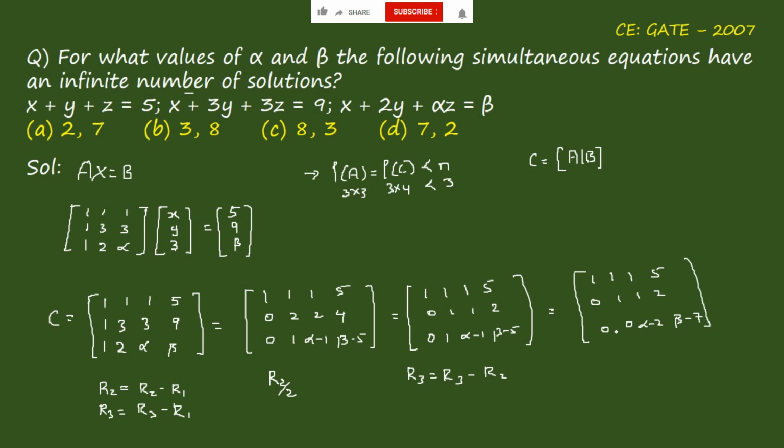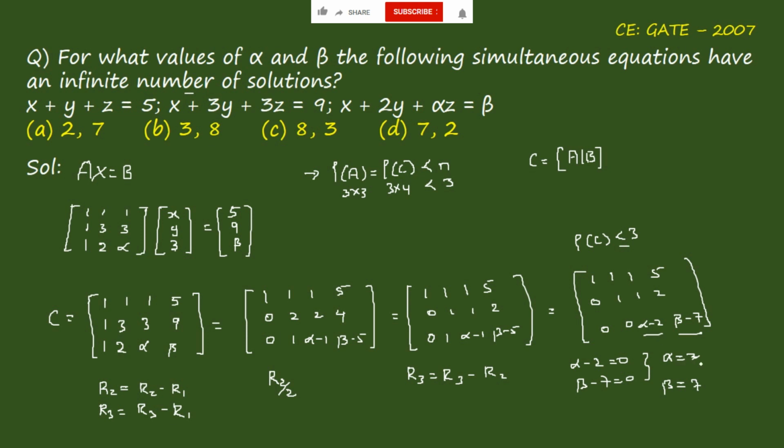right? Now the rank of C should be less than 3 when these two terms are equal to 0. Then alpha minus 2 is equal to 0, and beta minus 7 should be equal to 0. Then we get the rank of C to be less than 3. So alpha should be equal to 2 and beta should be equal to 7.